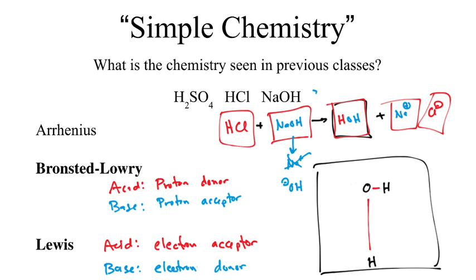So for clarity, this class is not going to use the Lewis acid-base definition. Which means we have to get rid of that acid and base term, and we'll have to introduce a different term to represent those.